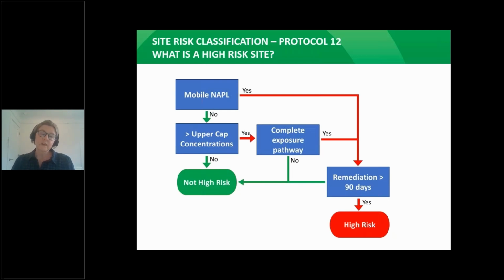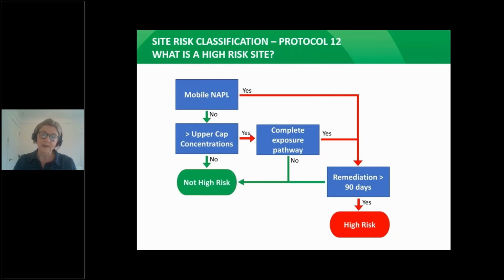So the site risk classification process is outlined in Protocol 12. The presence of NAPL or contaminant concentration that exceed upper cap concentration does not necessarily mean that the site is high risk. In order to be classified as high risk, the NAPL must be considered mobile and migrating, as per Protocol 16, or there is an upper cap concentration exceedance with a complete exposure pathway as defined in Protocol 12 using the exposure pathway questionnaire.